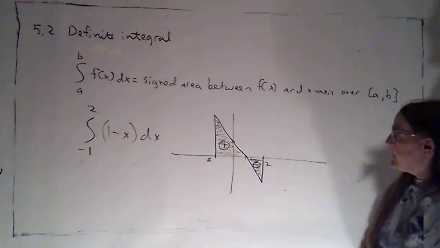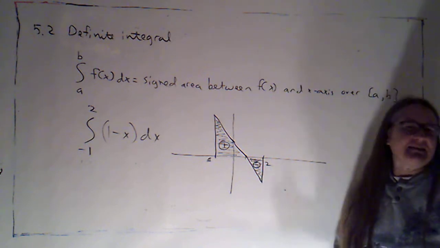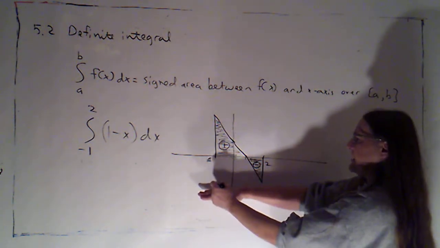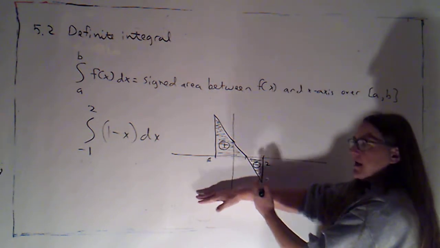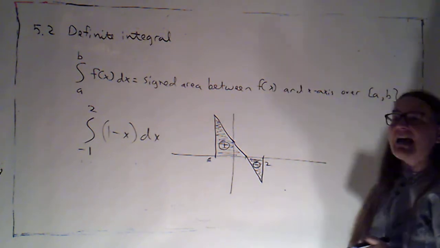Now, sometimes when people try to draw in the shape, they don't like having it come in two pieces. They want it to come in one piece. So they'll maybe extend this line down here and then draw across here. That's not correct, because it's the area between f of x and the x-axis.